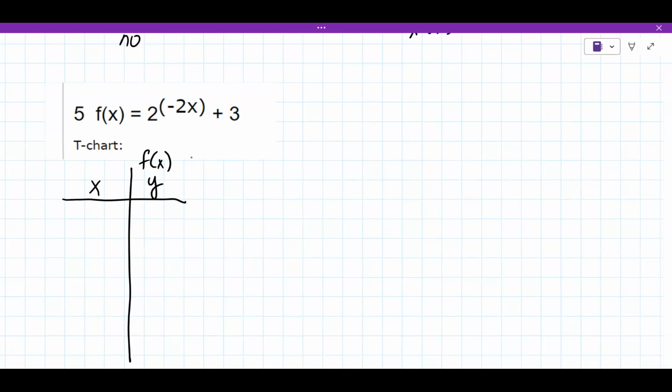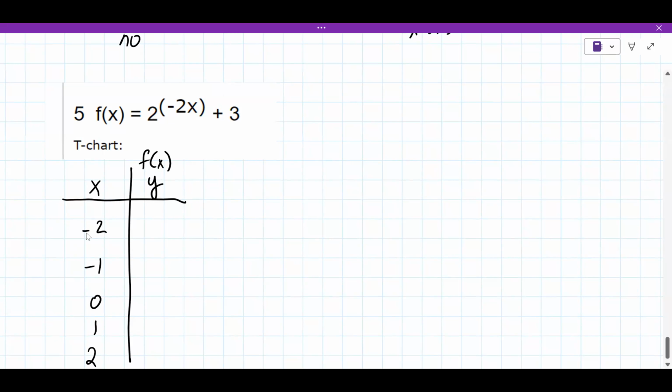But they tell you you have to use the following x values: -2, -1, 0, 1, and 2. You have to put these 5 x values into this function.